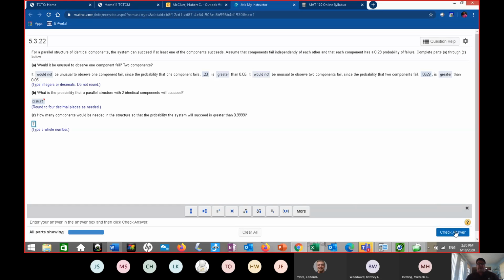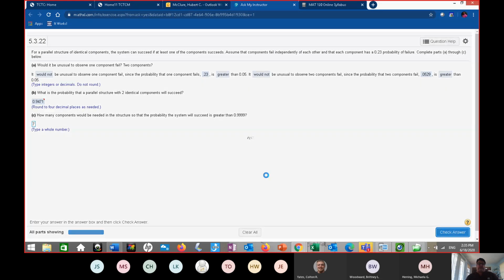Never seen this question. This is not a Hubert test question. It's a question I've never seen before, and I still don't know what a component is. Does this question seem vague to you, or does it make a lot of sense? Yeah, it's kind of vague. Somebody tell me what a parallel structure is.